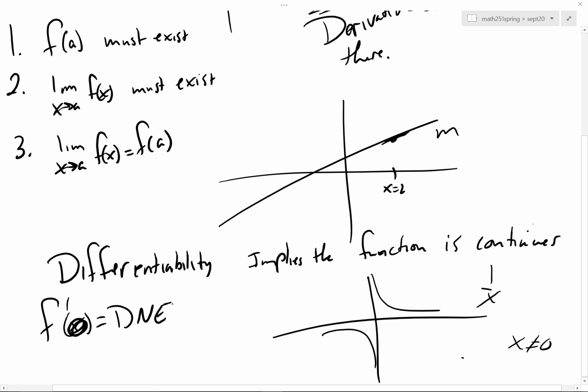The derivative doesn't exist there, because remember, the function doesn't exist. It's really hard to get a rate of change if it just quits existing. So because the derivative doesn't exist, that implies what? The function's discontinuous there.